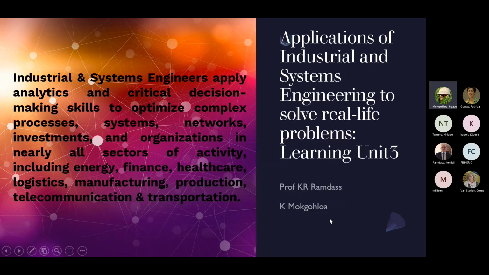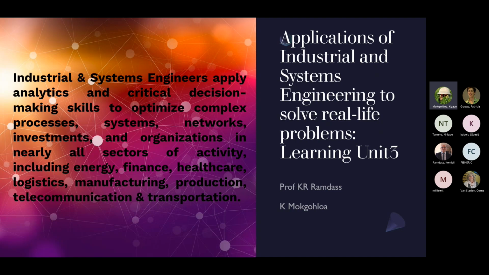All right. So we're talking about applications of industrial and systems engineering to solve real life problems. And as you saw in the video, industrial and systems engineering is used to solve real life problems in hospitals, for instance. And I said that industrial and systems engineers apply analytics and critical decision-making skills to optimize complex processes, because health systems can be very complex and you've got lives at stake.